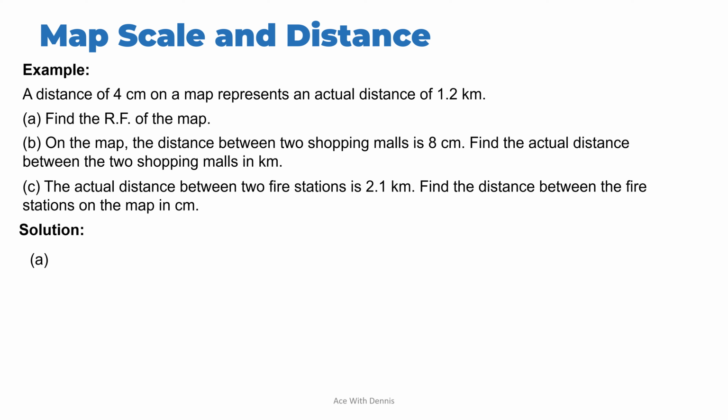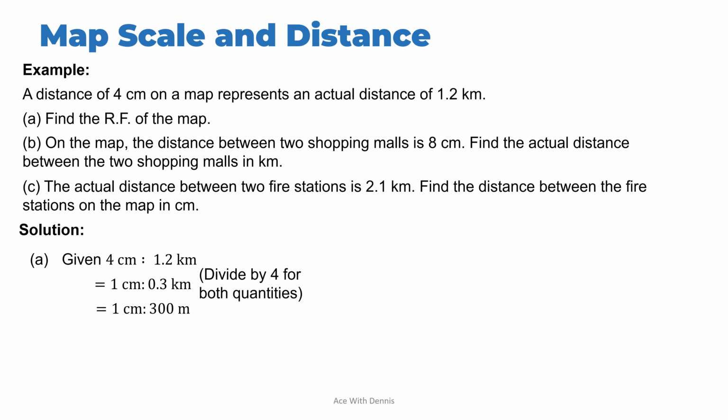Here's the solution for A. Given 4 centimeters is to 1.2 kilometers as mentioned here. 4 centimeters represent actual distance of 1.2 kilometers. It is also equals 1 centimeter is to 0.3 kilometers by dividing by 4 for both quantities.